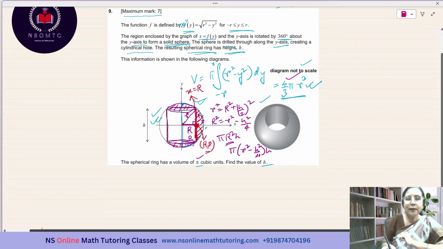And the function expression for this curve is of course x equal to f of y, equal to the positive square root of r squared minus y squared.